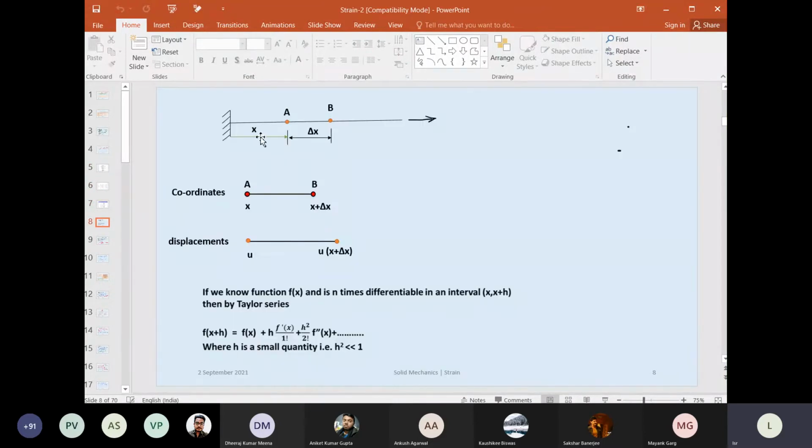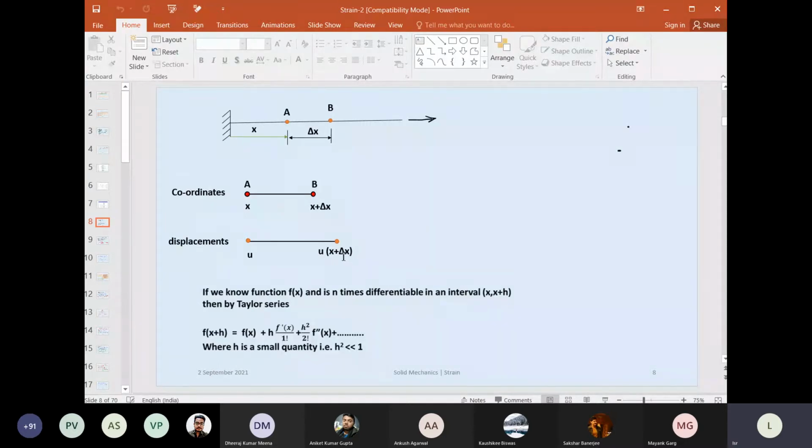Now we said that in one dimension, let us say A is at a distance x from the fixed end, B is at a distance of x plus delta x. Now, if you apply some load, A gets deformed by U and naturally B gets deformed by U of x plus delta x, because U is a single valued function.